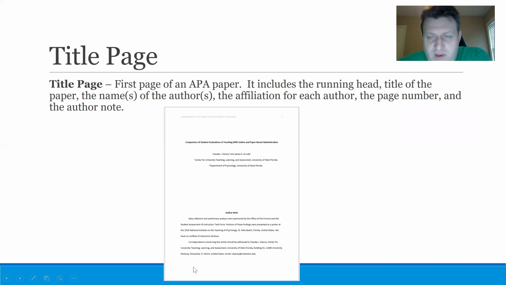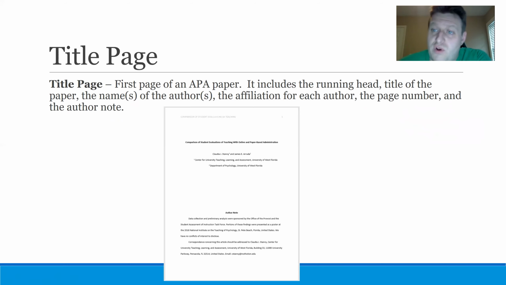Okay, so we're going to go through all of the major sections of the paper. So here is our title page. Our title page is on page 1. Let's look at what we have here. At the very top in the header, if you're using Word, we have what's called a running head. On every single page of our paper, there's going to be this running head.